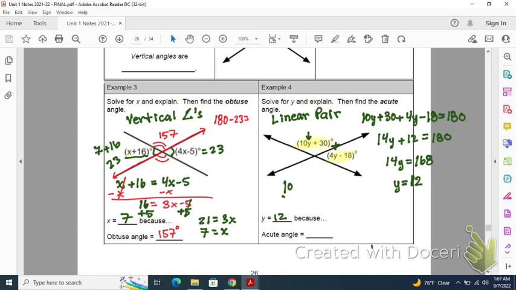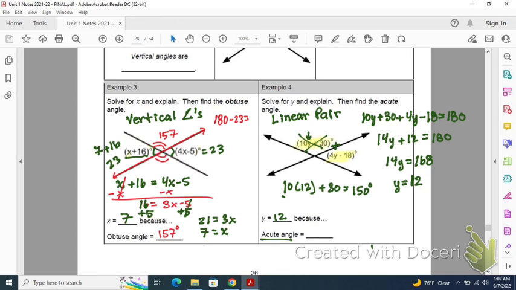So 10 times 12 plus 30 is going to give me 120 plus 30 is 150. 150 degrees is obviously... Oh, sorry, we're looking for the acute angle. 150 degrees is obviously not the acute. So this one is not my acute. That means the 4y minus 18 is going to be my acute.